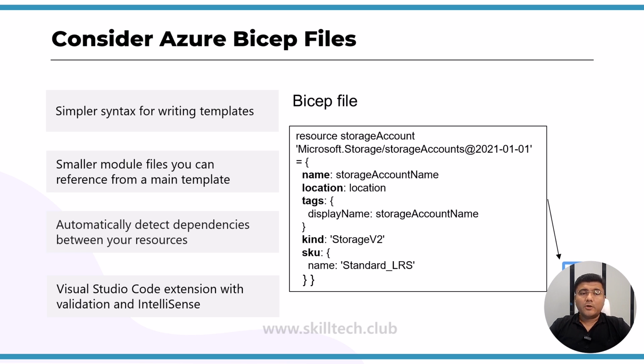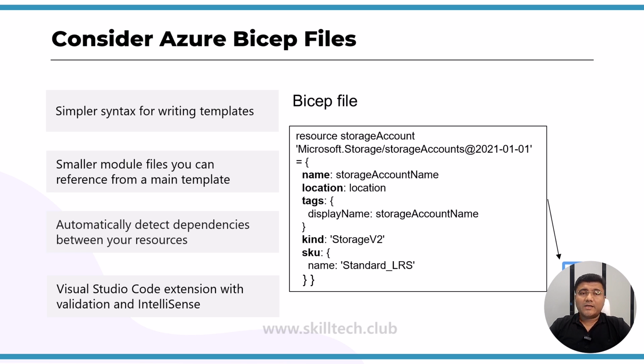It's similar to module files, so that you can reference that with the main template and you can create reusability with the Bicep template configurations. It's going to automatically detect the dependencies between your resources, which is one of the biggest advantages of Bicep templates. And then you also have Visual Studio Code extensions which are available for IntelliSense and indentation with Bicep templates.